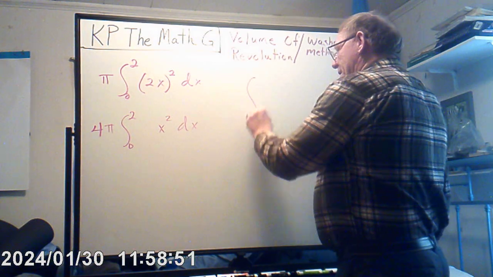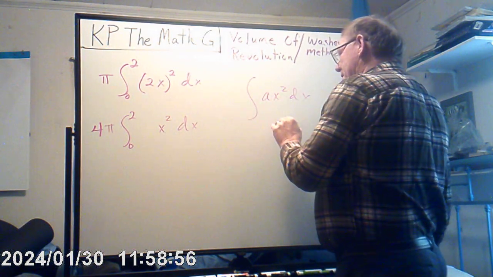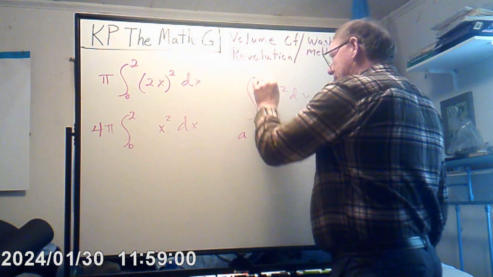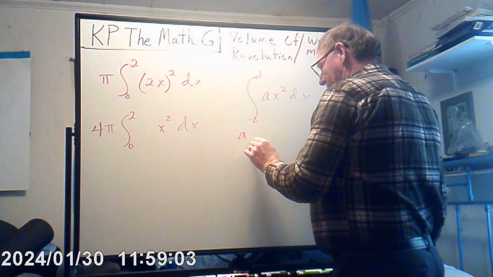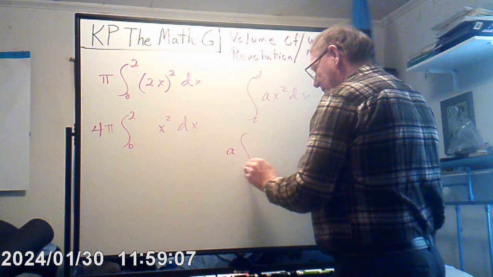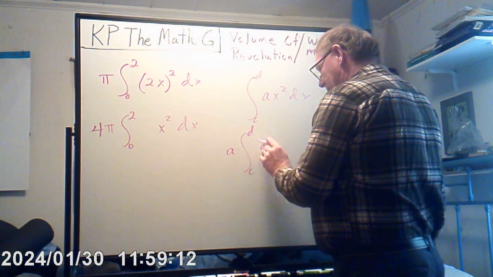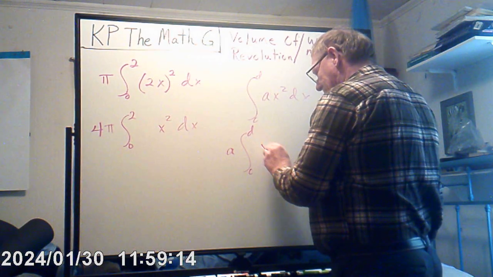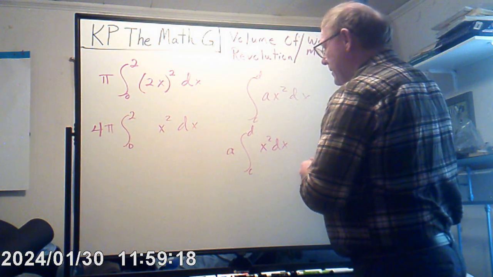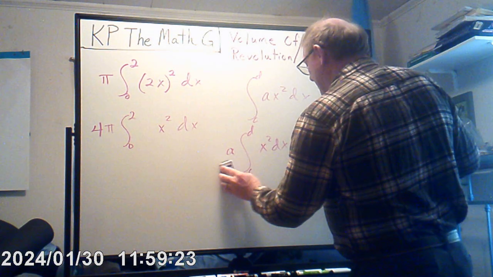There is a rule that if I have a times x squared dx, going from, say, c to d, then I can put the a out in front. A is a constant, or coefficient rather in this case, and then x squared dx. I have a right to do that, just like I have a right to put that pi out there and not use it until I have to.